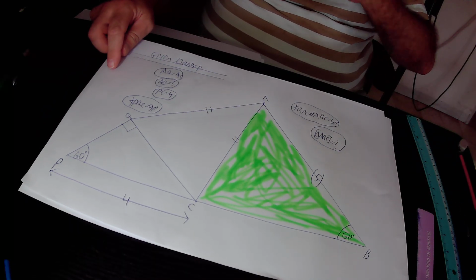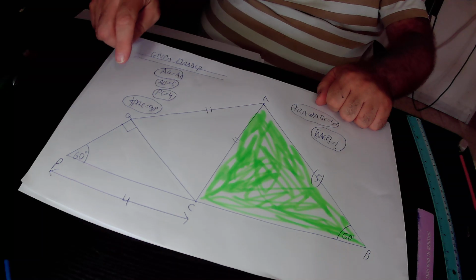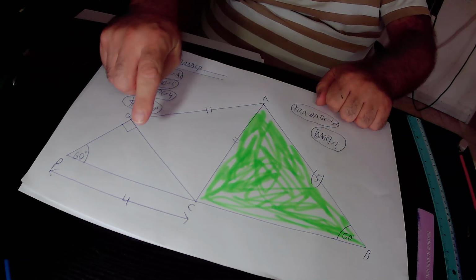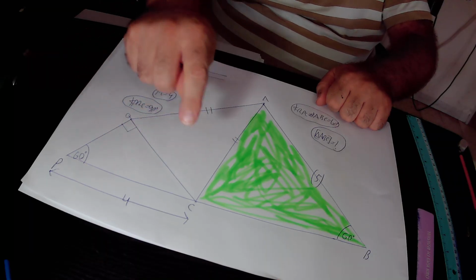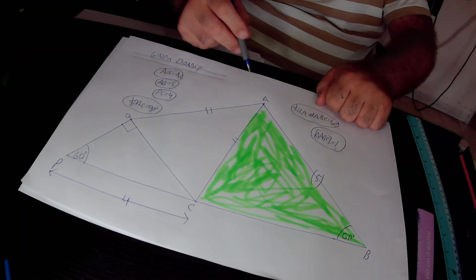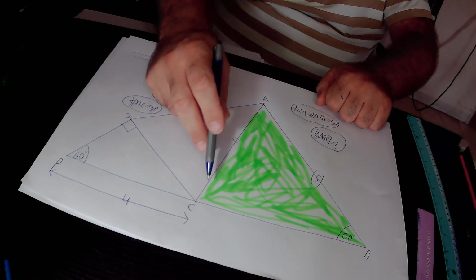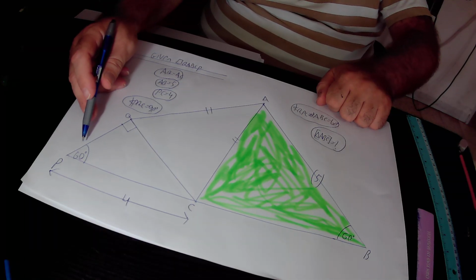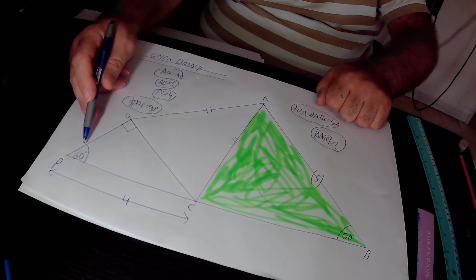In the drawing we have quadrilateral PQABCP, and we know that AQ equals AC. This is angle QPC, that is equal to 60 degrees inside.